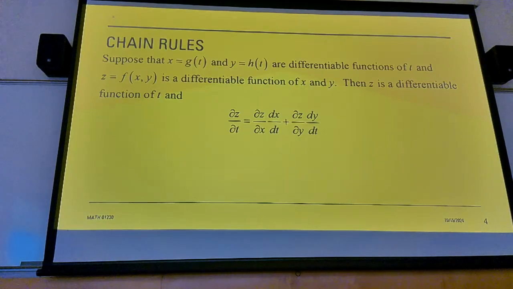Then z is a differentiable function of t. And the derivative of z with respect to t would be partial z with respect to x times dx dt plus partial z with respect to y times dy dt.